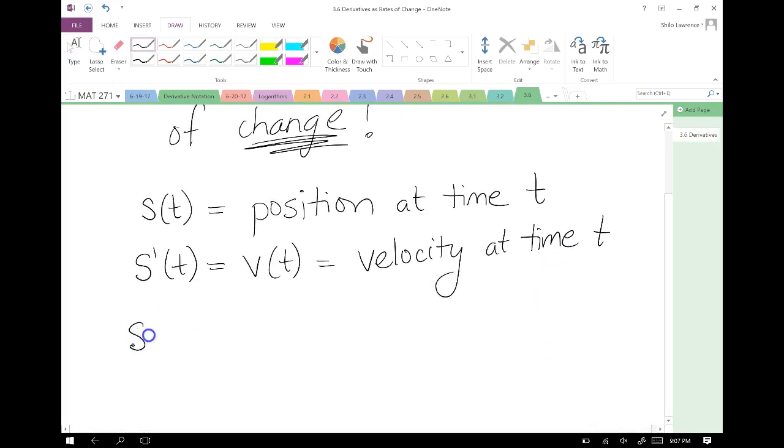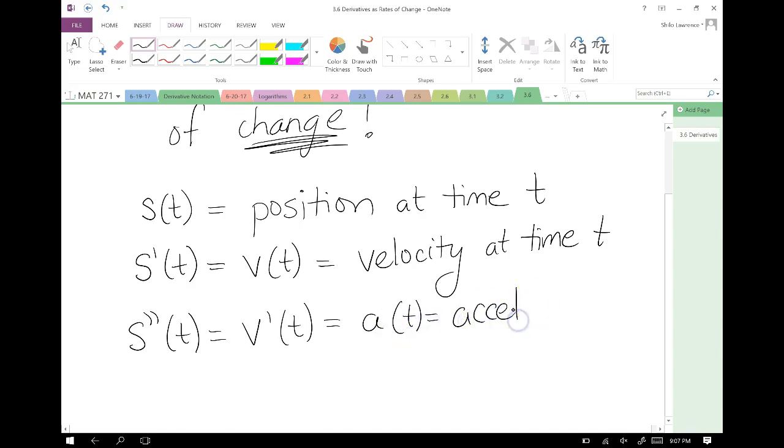And our second derivative, which is the derivative of our first derivative, we might call a of t, which is acceleration at time t. Acceleration describes how our velocity is changing. Each derivative tells how the previous one is changing.